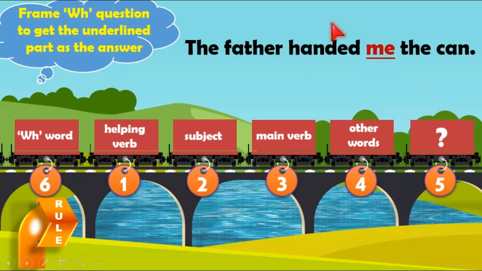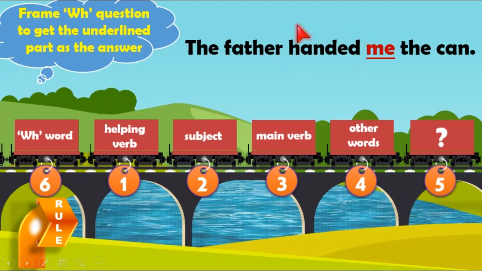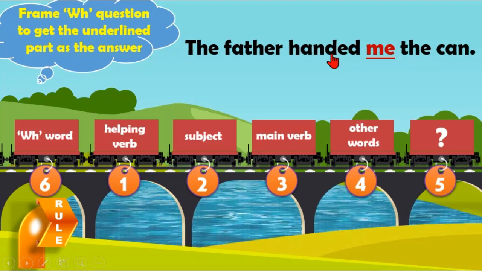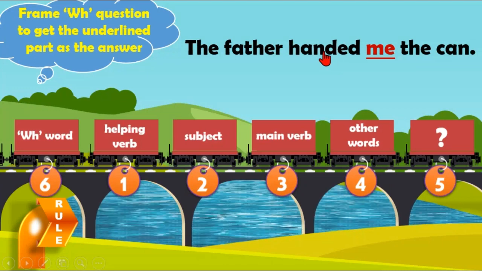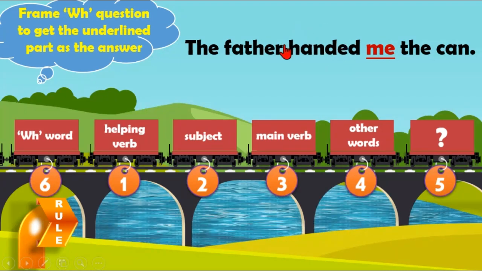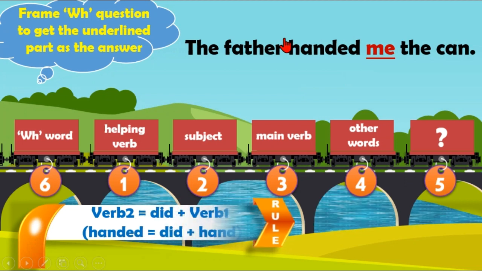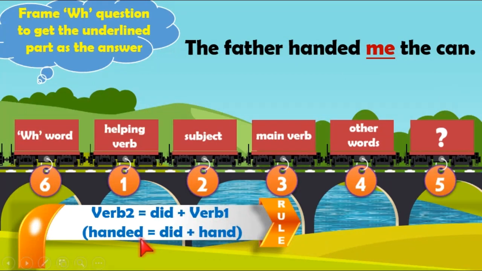There is no helping verb. Here the verb handed is given. It is the V2 form. Already we discussed it. We have to split this word. How can we split? Handed is equal to did plus hand.